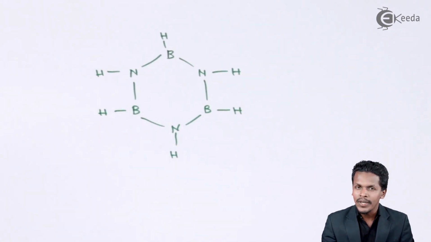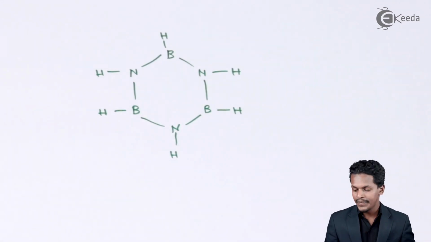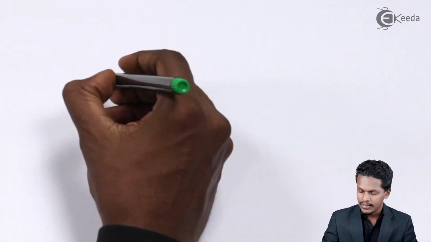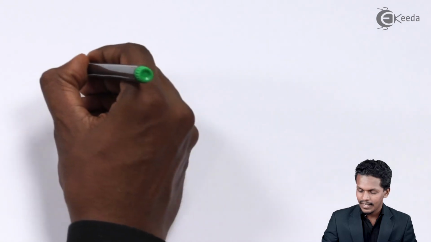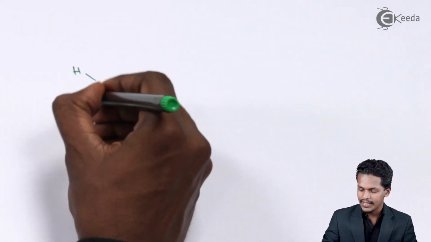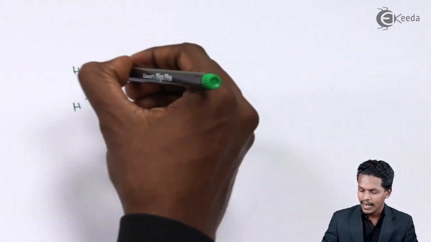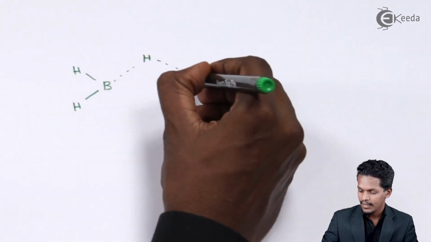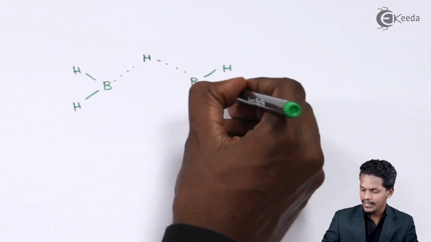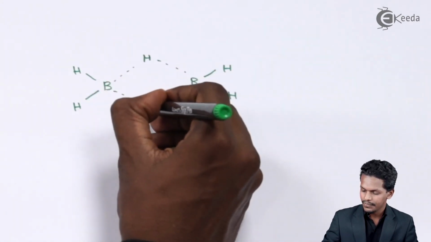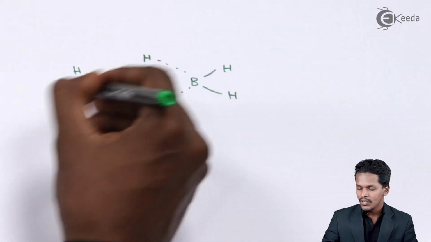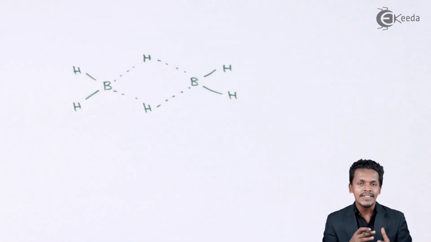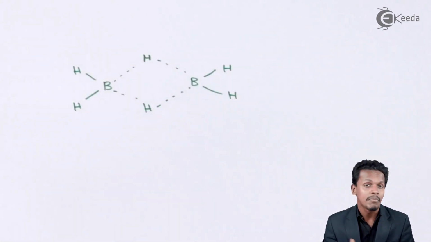And talking about diborane, let me talk about the structure of diborane very briefly. It has been found that the structure of diborane is in this manner. And these are the 2 terminal hydrogen atoms, and here we could find the structure as this one. This kind of hydrogen bridging creates a special kind of bonding known as a banana bond.